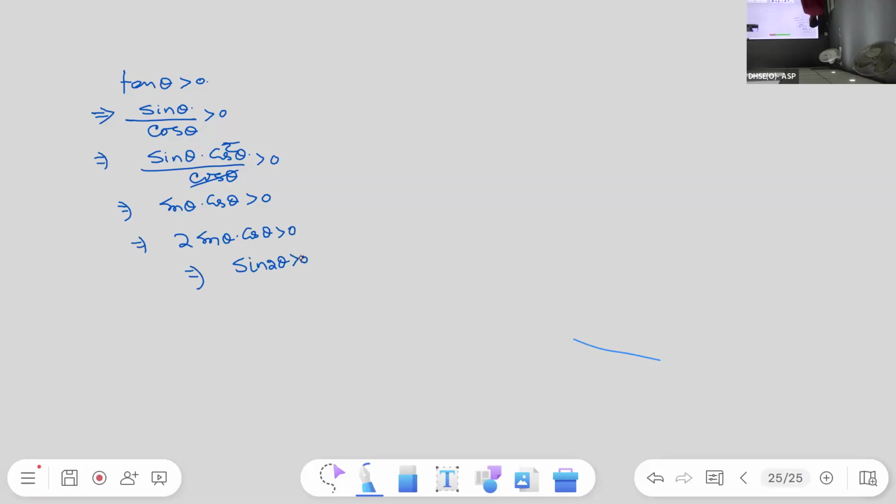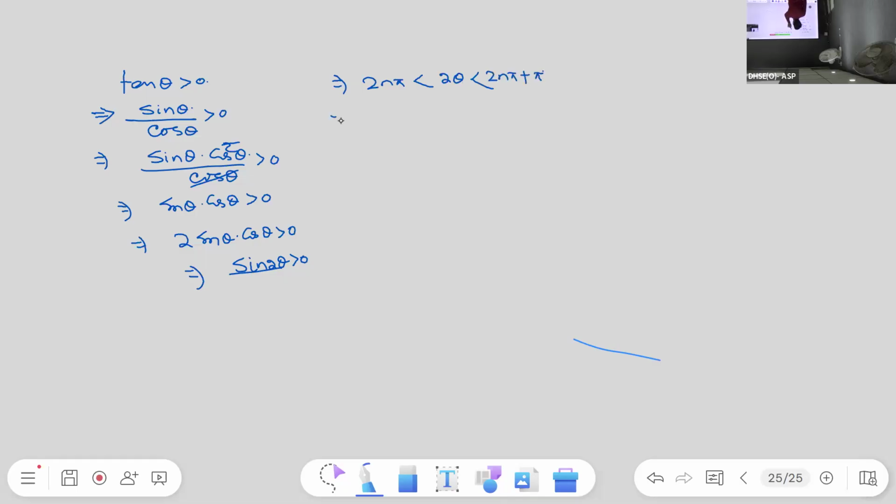If you consider 2 theta as alpha, then sin alpha greater than 0. Sin alpha greater than 0 implies alpha belongs to the first quadrant or second quadrant. That means alpha belongs to 2n pi to 2n pi plus pi. So 2 theta should lie in the interval 2n pi to 2n pi plus pi. So this implies 2n pi less than 2 theta less than 2n pi plus pi.